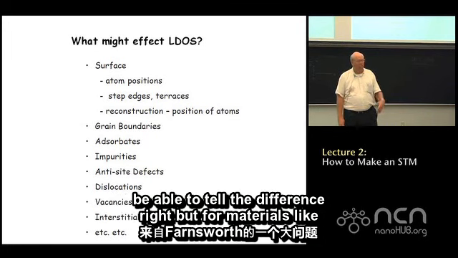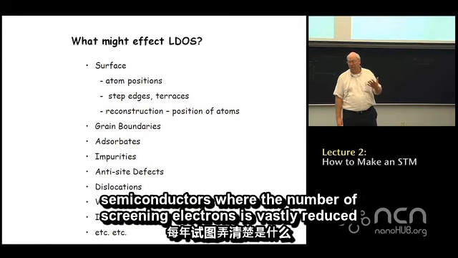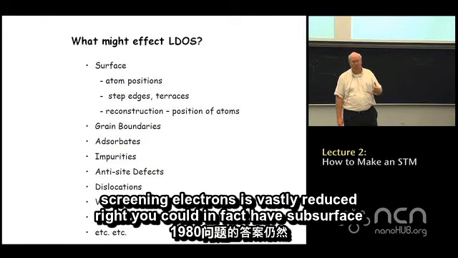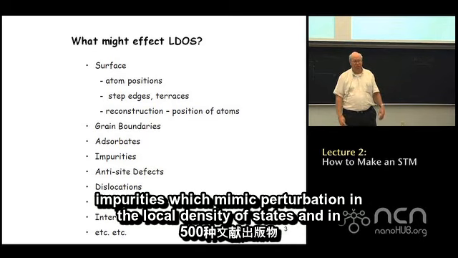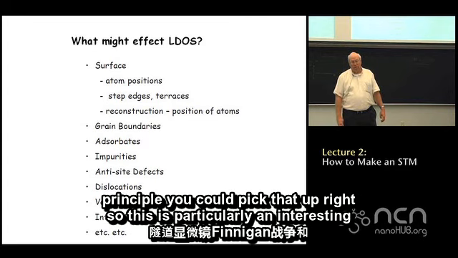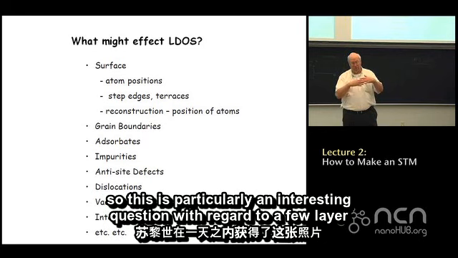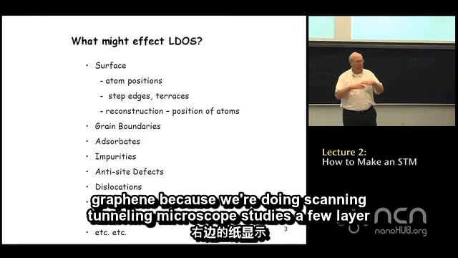But for materials like semiconductors, where the number of screening electrons is vastly reduced, you could in fact have subsurface impurities which mimic a perturbation in the local density of states, and in principle you could pick that up, right? So this is particularly an interesting question with regard to few-layer graphene, because we're doing scanning tunneling microscope studies of few-layer graphene.